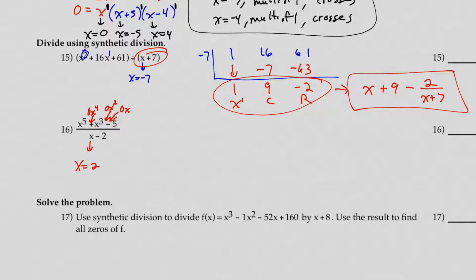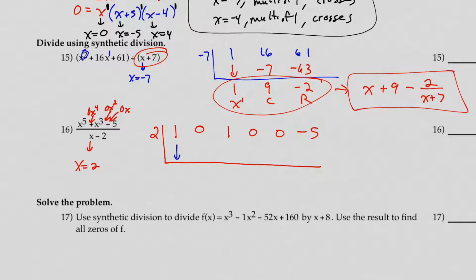So which means we have a lot of filling in to do. So we're going to do 2 into 1. That's x to the fifth. X to the fourth is missing, so it's 0. X to the third is there. And the next 2 are missing, so we're going to put 0, 0, and then finally the negative 5.